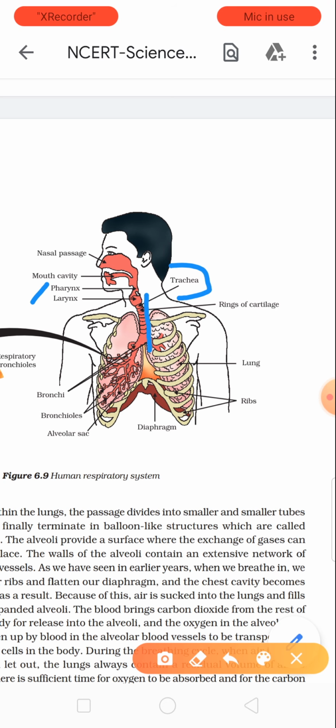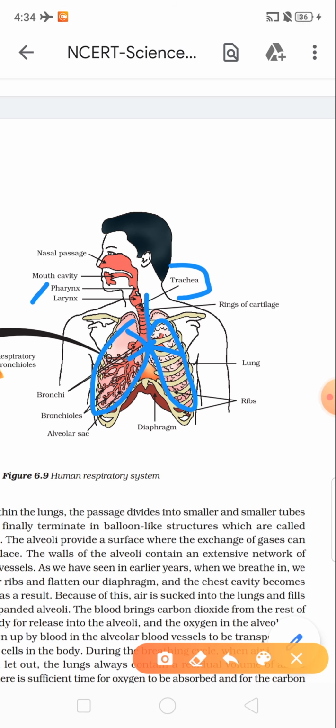From the trachea it will bifurcate into two, going into the left lung and the right lung. So this is your lungs, students. The structure in pink which you see is your lungs, and the lungs are present inside your ribs.